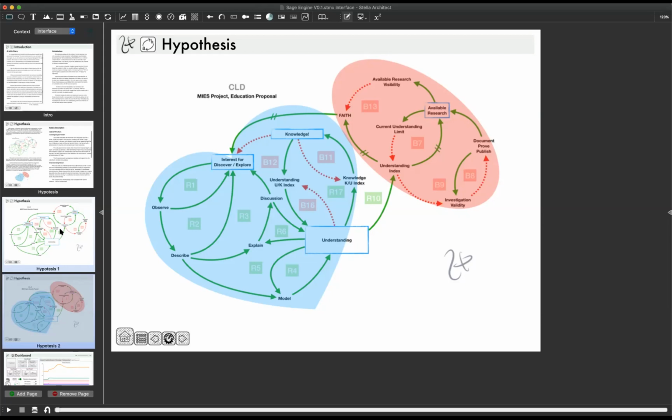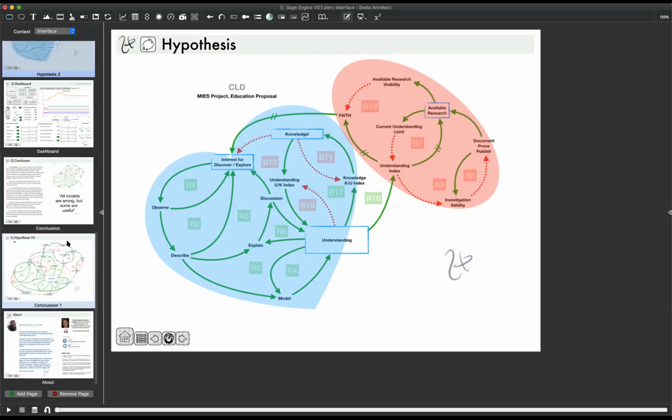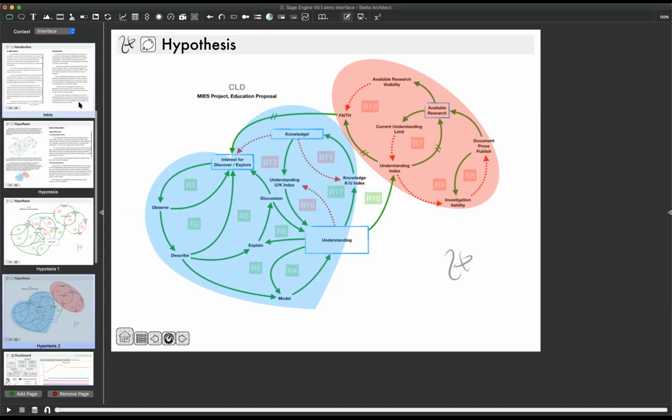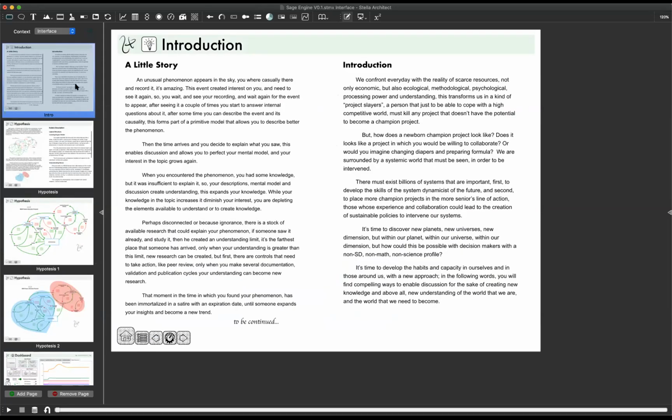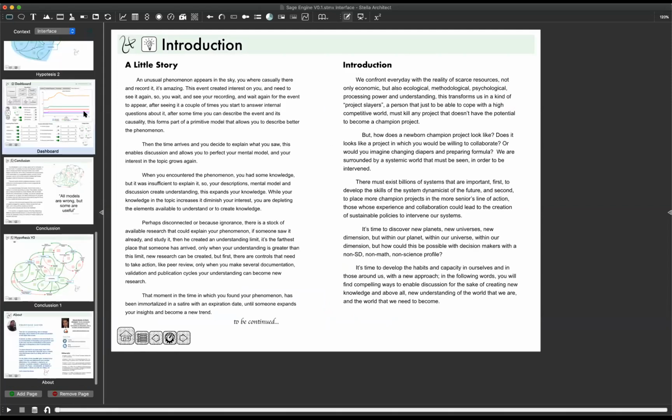I do have a question for you about faith. The variables that are boxed in blue, these are stocks? Yes. There are more stocks than the CLD is showing.